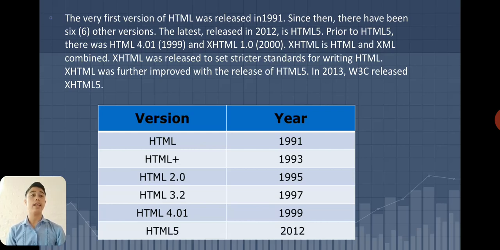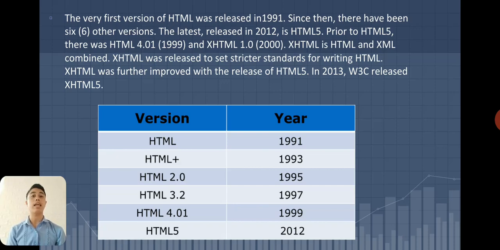So XHTML is HTML and XML combined. XHTML was released to set stricter standards for writing HTML. XHTML was further improved with the release of HTML5. In the year 2013, W3C released XHTML5.